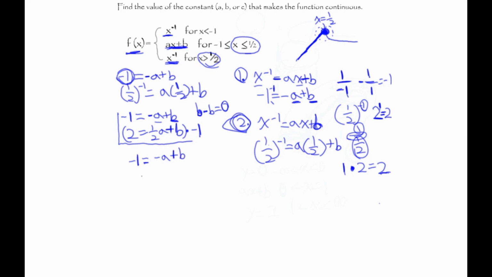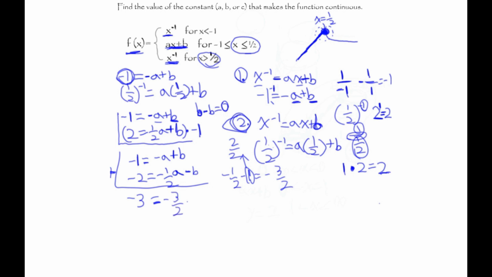Plus b, negative 2 is equal to negative 1 half a minus b. And now when we add these two together, we'll get negative 3 is equal to negative 3 over 2 a, and the b's cancel.